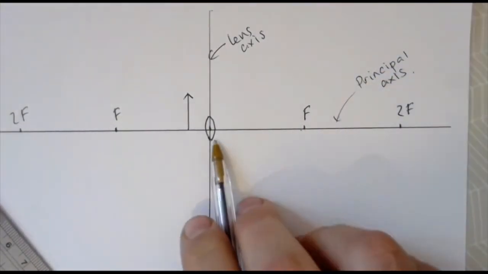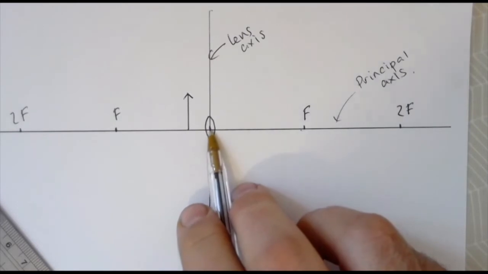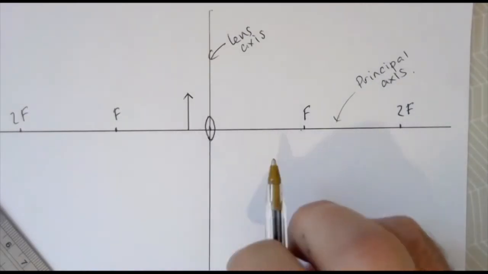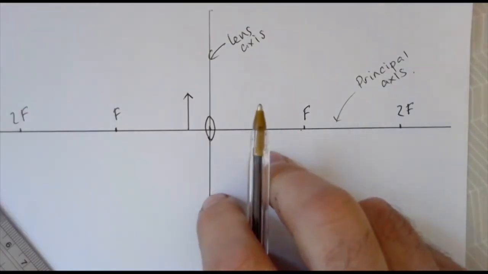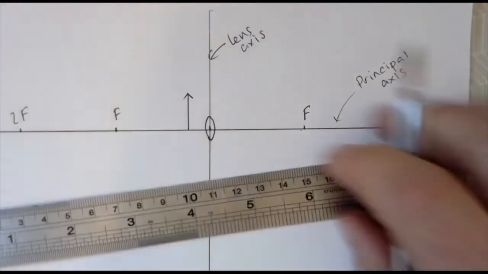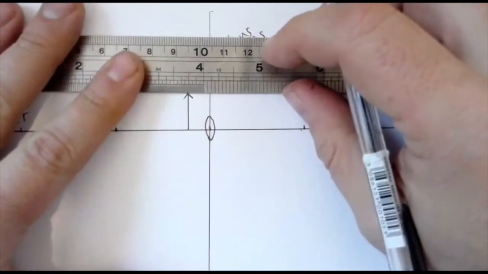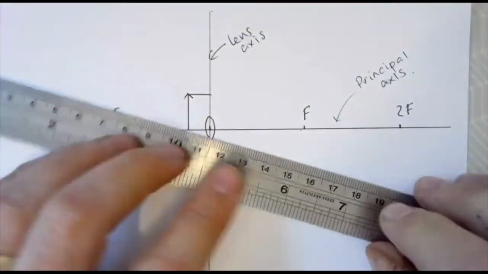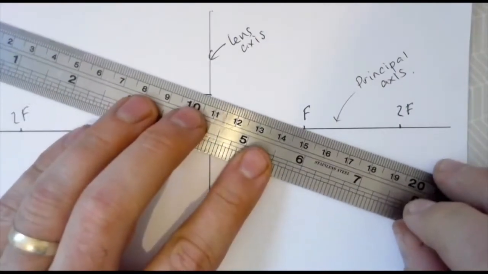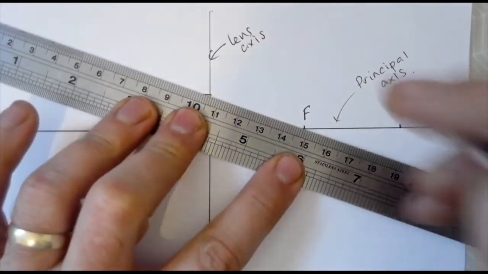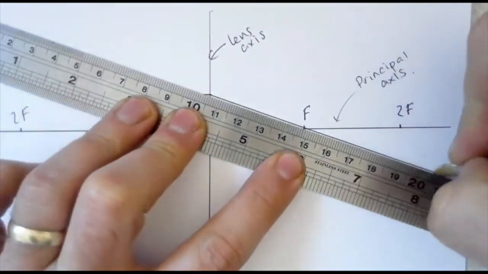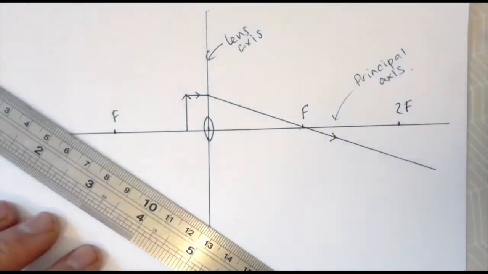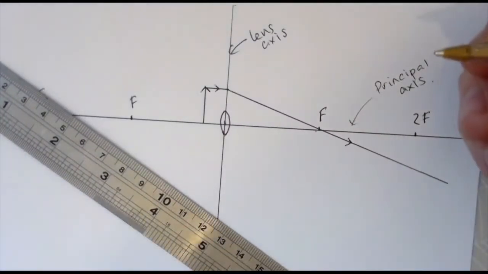Again, it's a converging lens, so I've just drawn a tiny little convex lens in the centre here where the lens axis and the principal axis meet. That tells us that it's a converging lens. So here's my first line, and as mentioned, we'll draw it going through the principal focus. Okay, and we'll put little arrows to show the direction that the ray of light is travelling in.